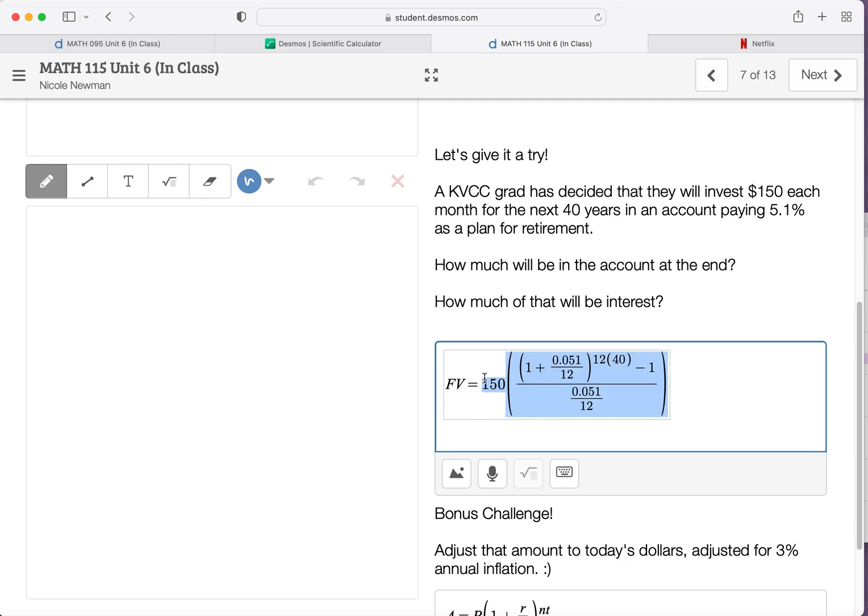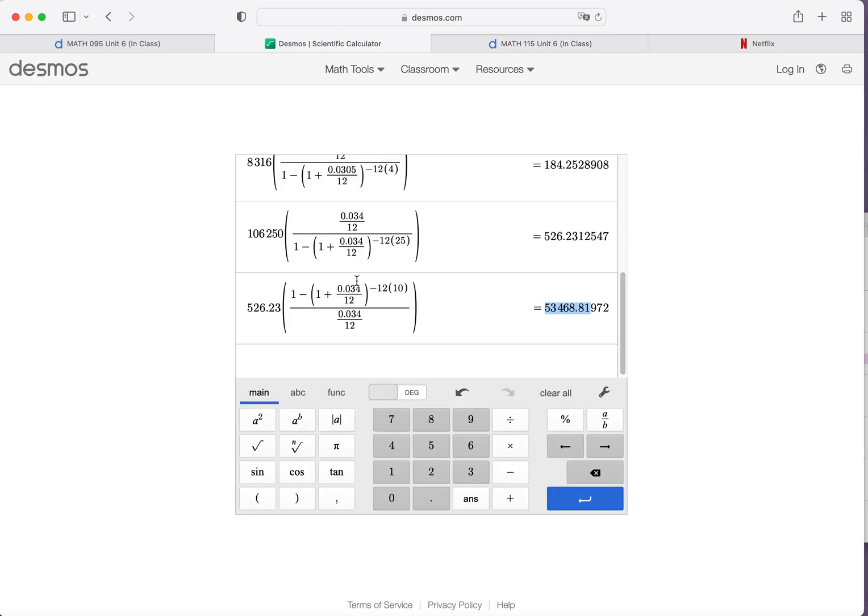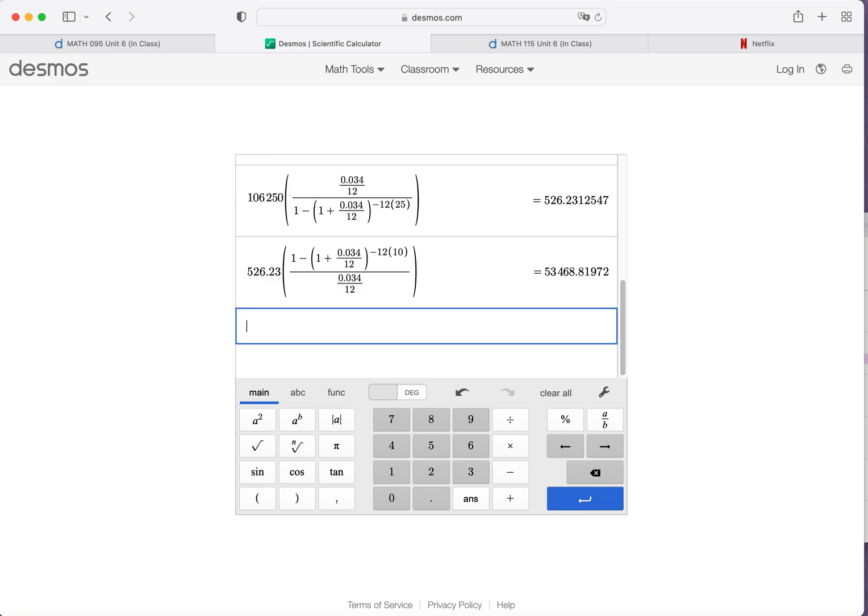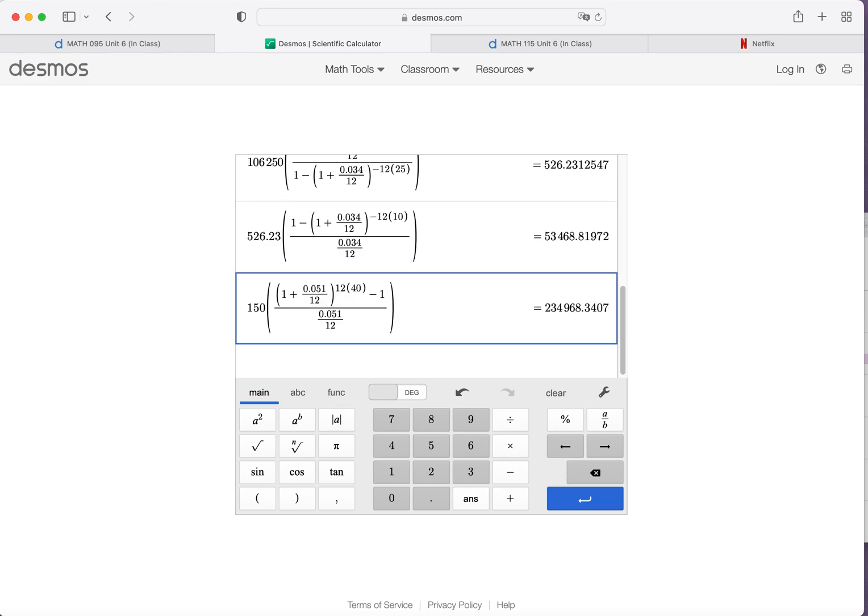And for us, I'm going to copy that. Head over to the land of my scientific calculator. I'm going to paste it in there. And I like to just take a second look and make sure that nothing has gone missing or no extra stuff is in my formula. I think it looks pretty good. And so it's telling me that this is my dollar amount off in the future.